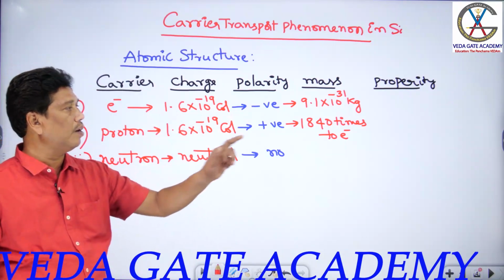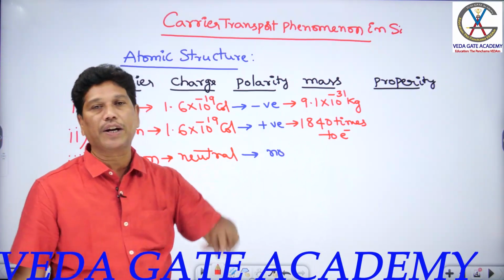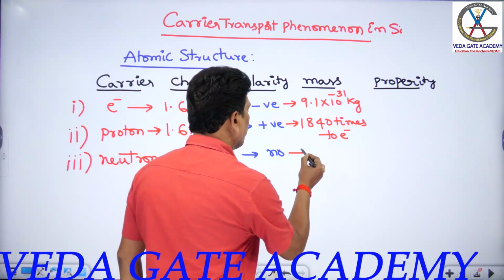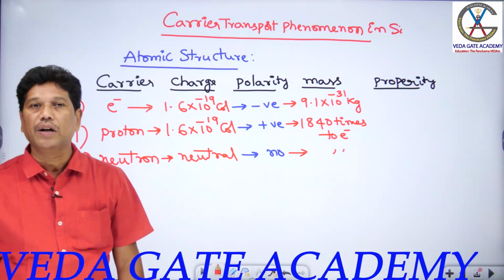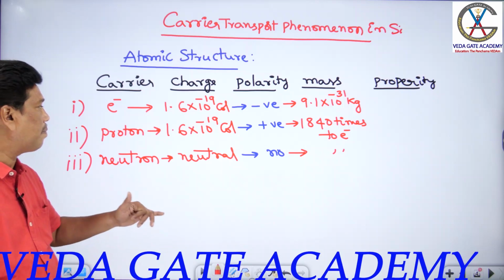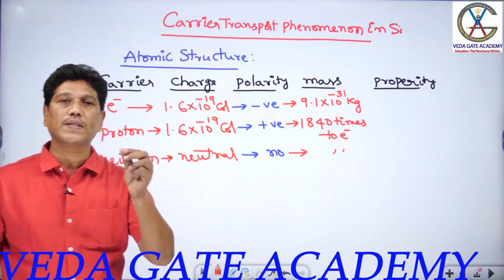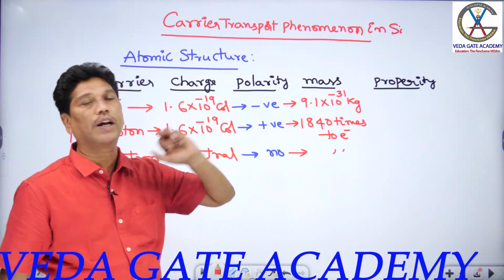As compared to the electron, the proton mass is heavy. Not only the proton, the neutron also has almost the same mass. So remember that in a given atom, the heavy particles are protons and neutrons, whose mass is around 1840 times that of the electron.